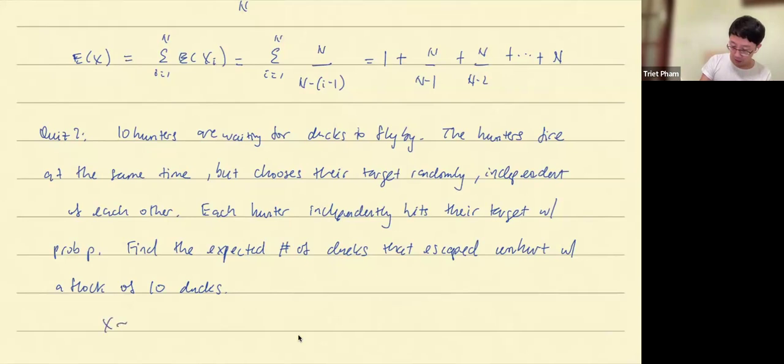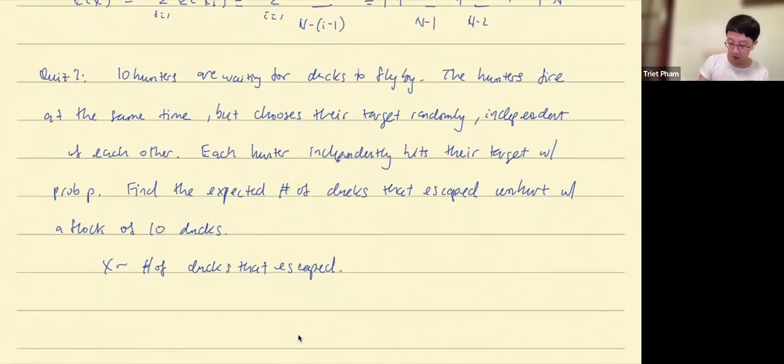So let X be the number of ducks that escape unhurt. The theme of this section is you want to write this as a sum.